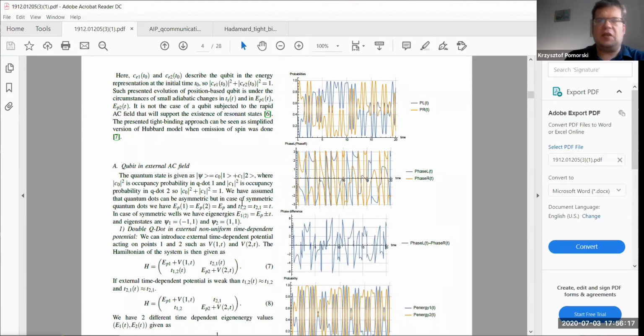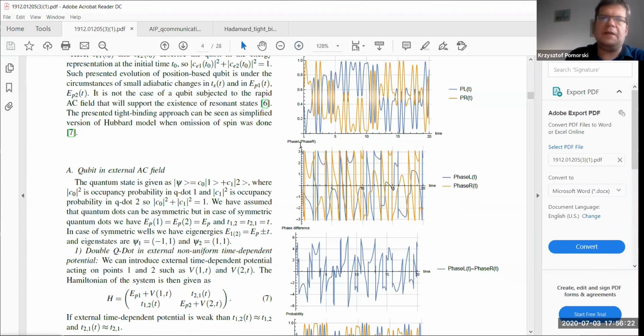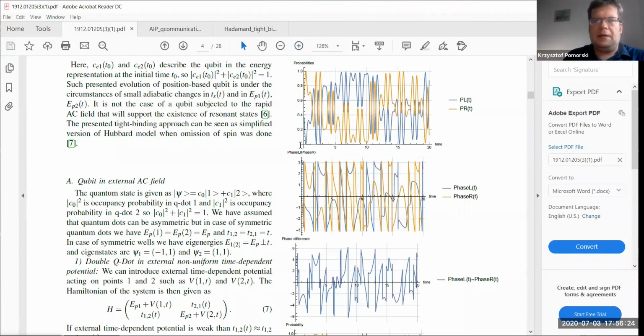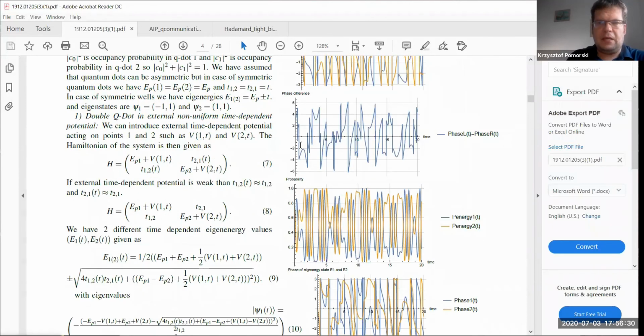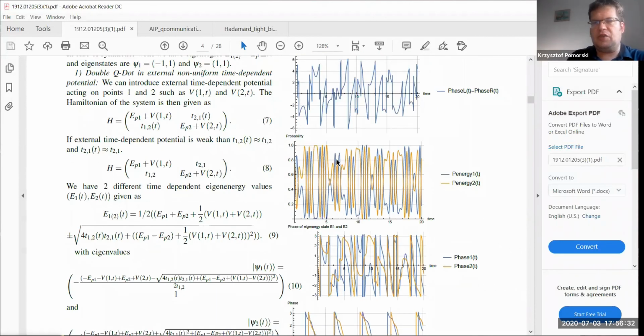Maybe at this stage I also mention something about these Rabi oscillations. If there is no presence of a radio frequency field, you will see that the probability of occupancy of a given energy level is flat.